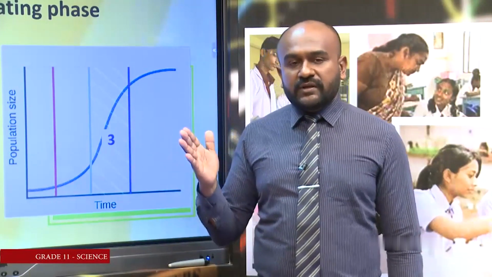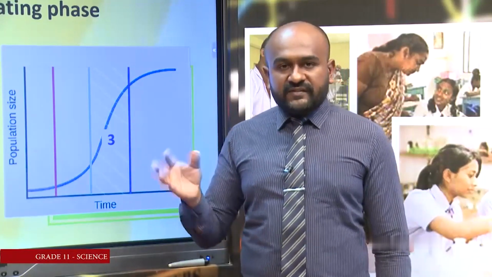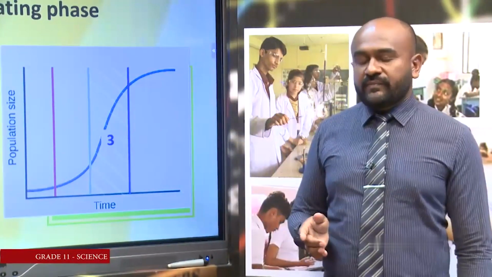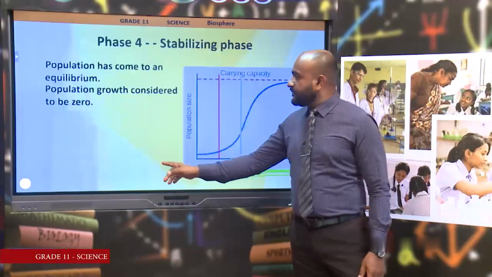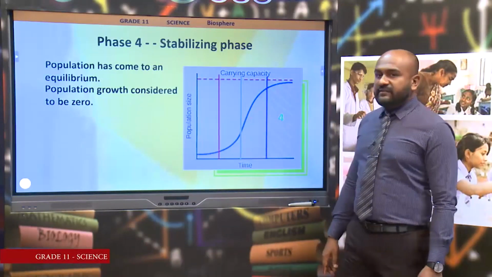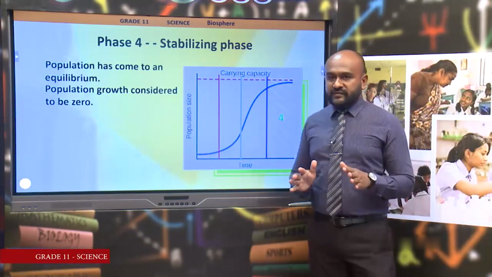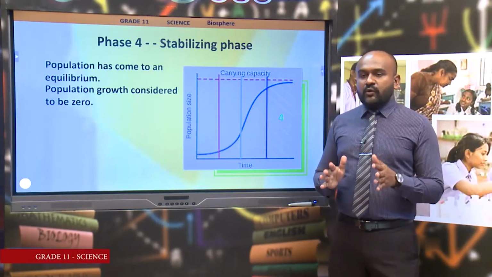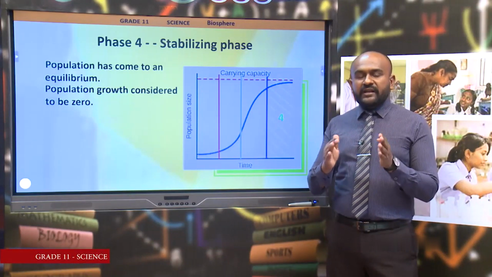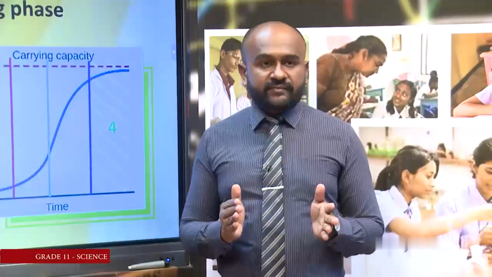Now, we come to the last phase that we see in the typical growth curve. Yes, the stabilizing phase. Now, the number of organisms stays constant. Now it has come to the carrying capacity of the environment.